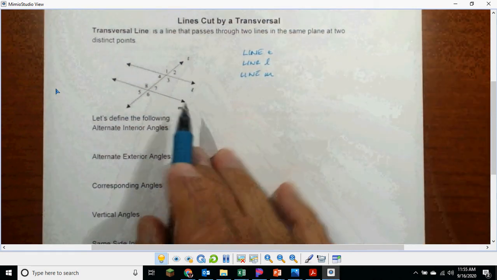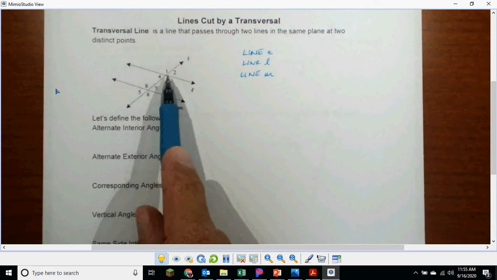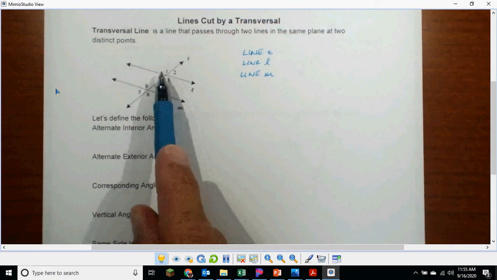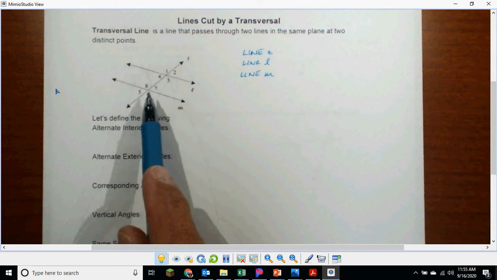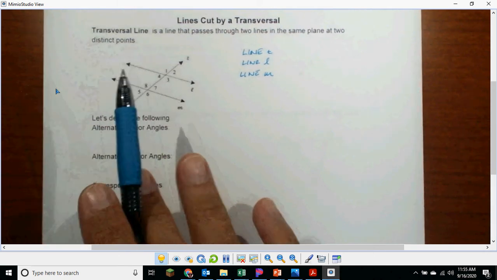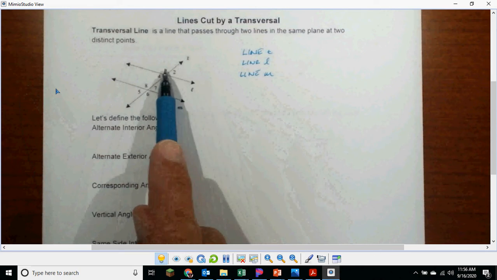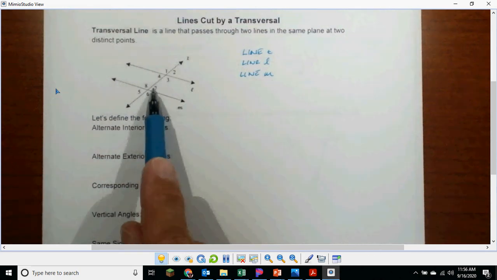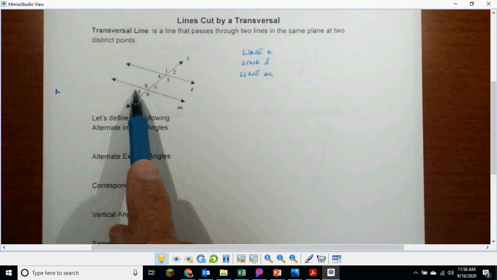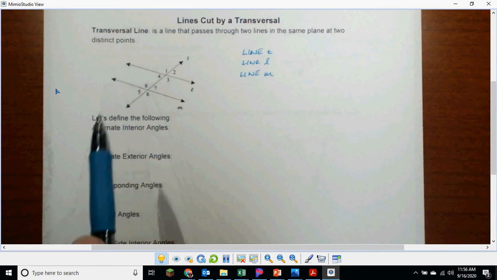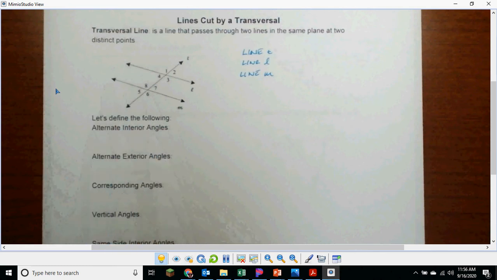Whenever we place a number in an angle, that refers to that angle. I don't need to create any points because if I refer to angle 1, that means this angle right here. Angle 7 is this angle, and this one over here is angle 5. So the number in there refers to just that angle.